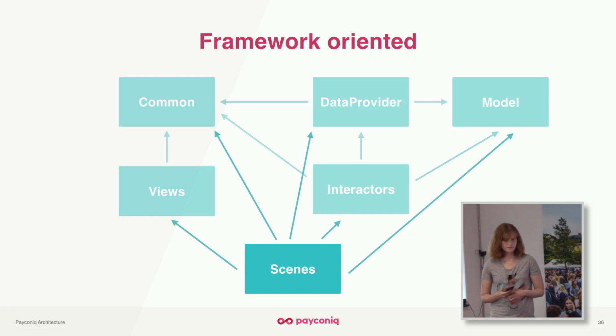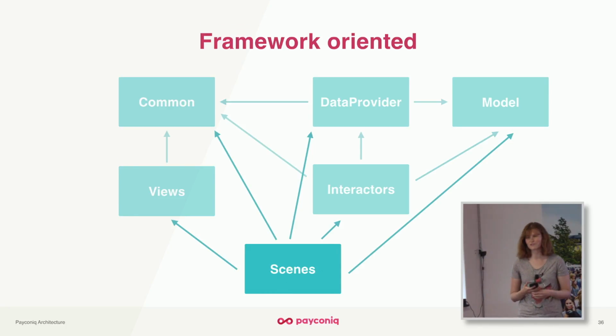And even if you, as a developer, make a mistake and try to access some model class from the view or some view from the interactor, the compiler just won't let you do that. And it really works. It's convenient. The downside is that build time is increasing a lot, especially if you make a change in some of the basic frameworks that other frameworks use.